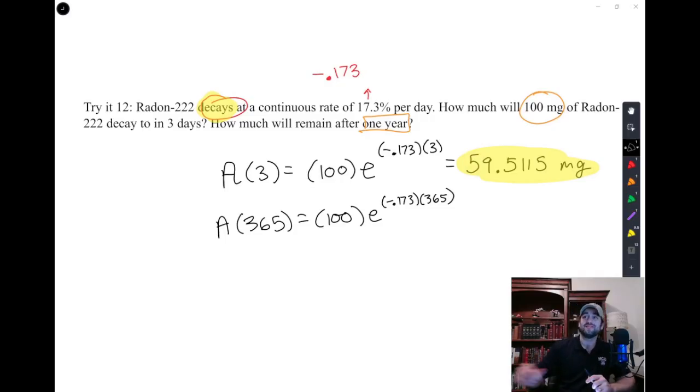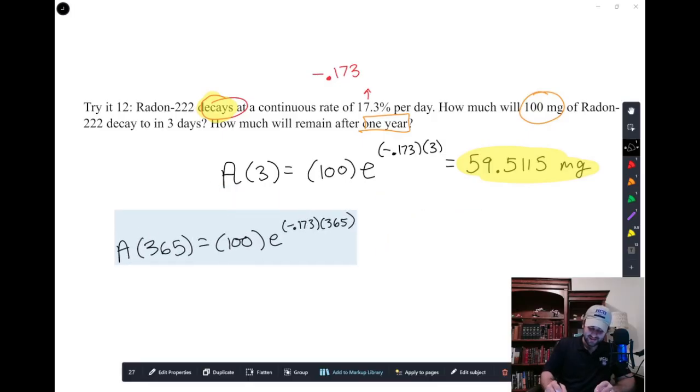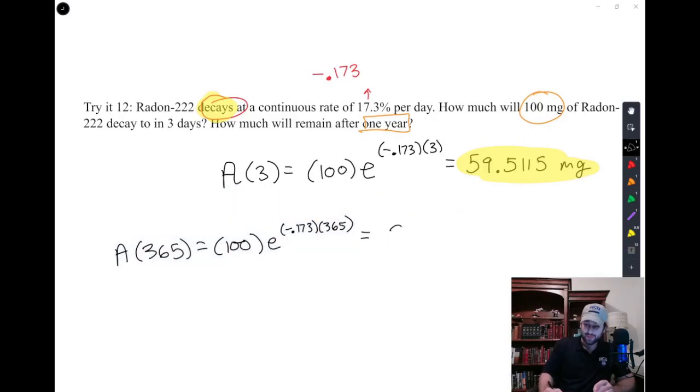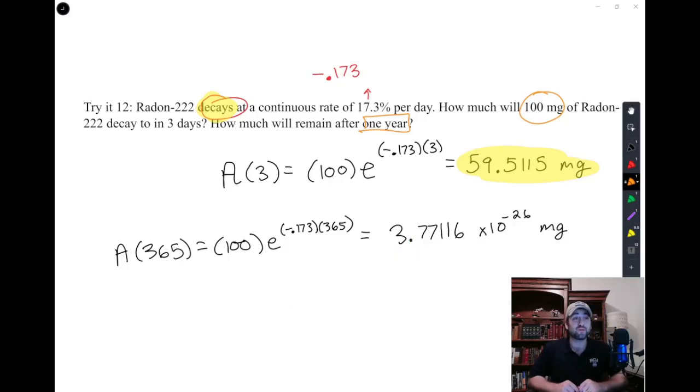And that rate's going to give us 3.77116 times 10 to the negative 26 milligrams. And what that means from scientific notation was that you'd have to move this decimal to the left 26 times before you got your amount. And so after a year, there is essentially none left.